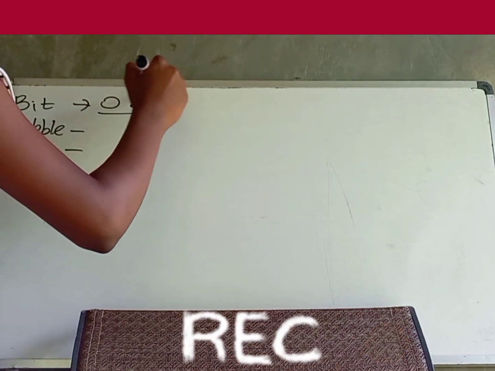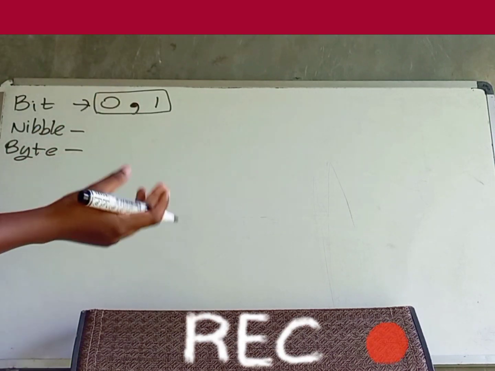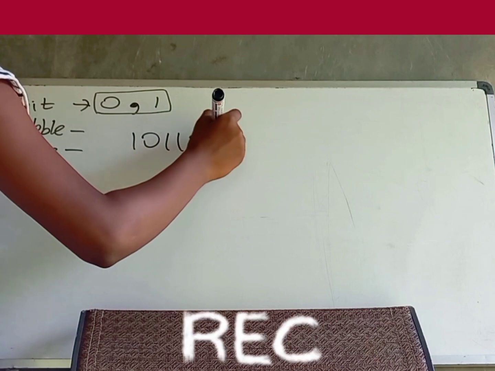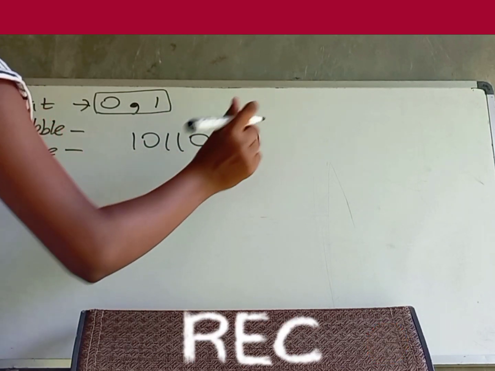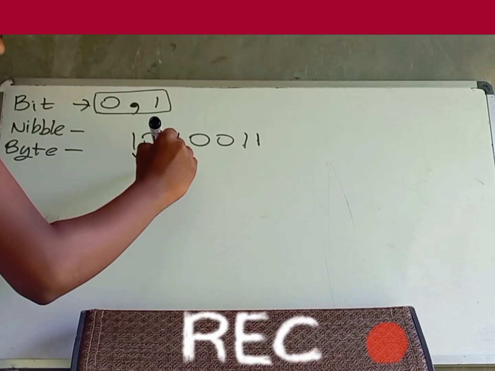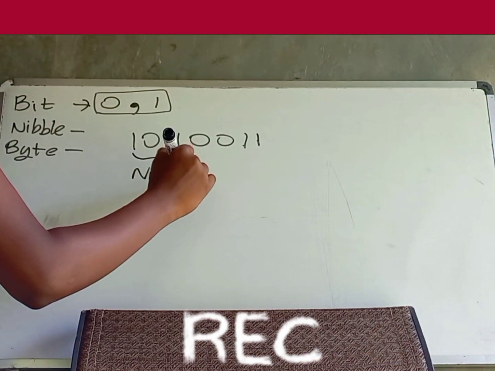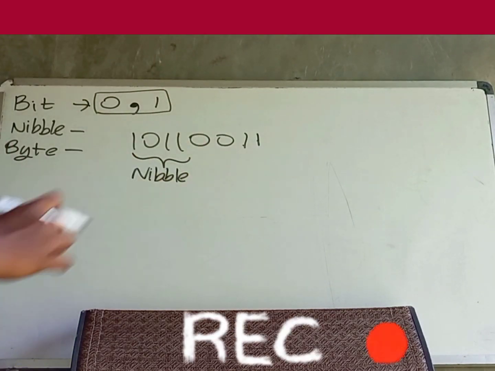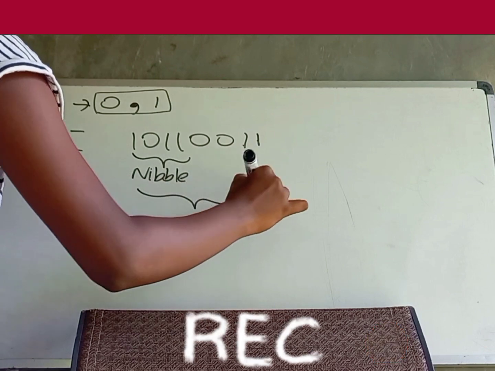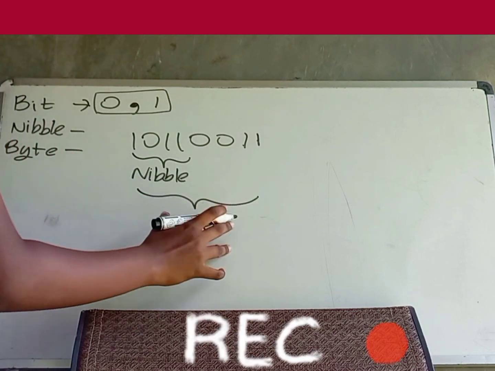Since bit is these two symbols, let us take a binary number 1 0 1 1 0 0 1 1. There has to be 8 digits. So 4 of them is called a nibble. 4 of these is called a nibble. 8 of these are called a byte.